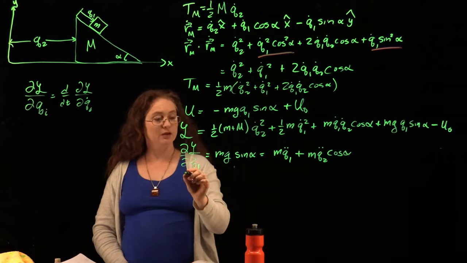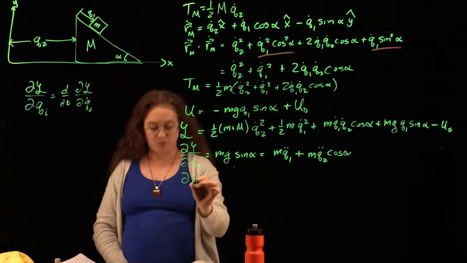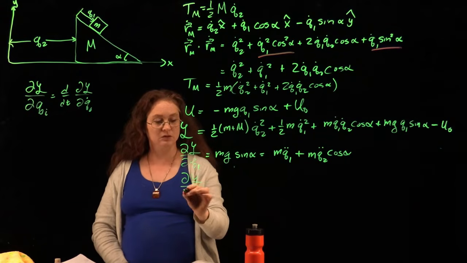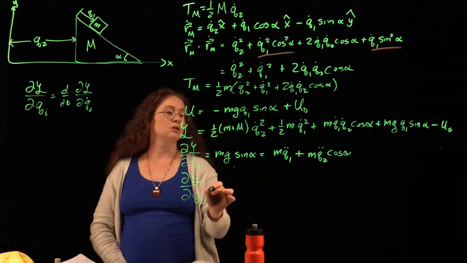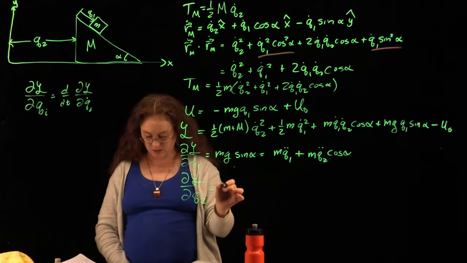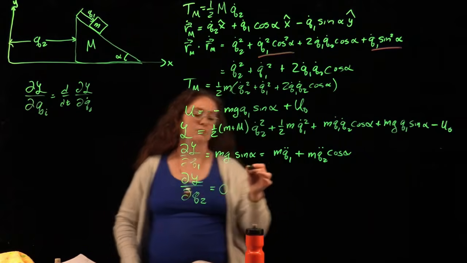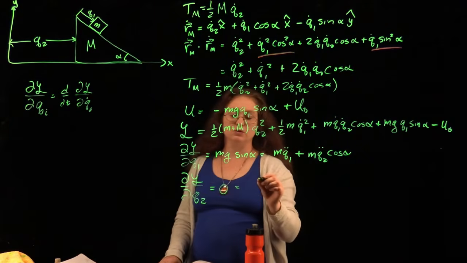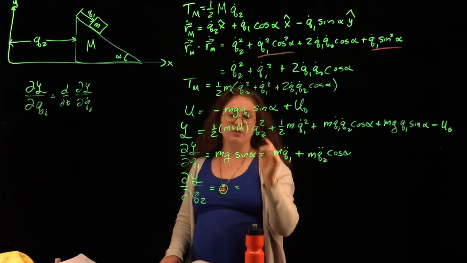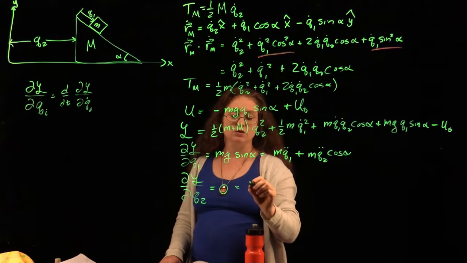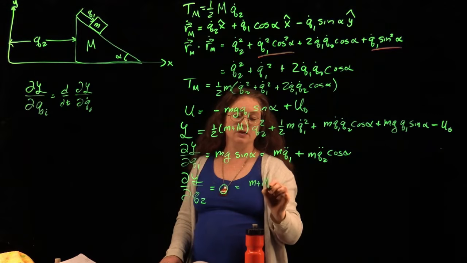So that's my first equation. Partial L, partial q2 is 0. And this is equal to the time derivative of partial L, partial q2 dot. So M plus m.